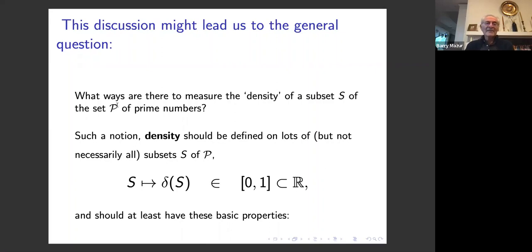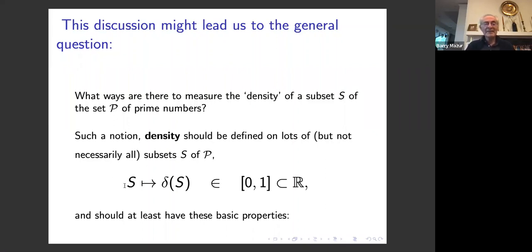Well, at first, of course, such a notion, density, should at least be defined on lots, but not necessarily all, subsets of prime numbers. It's sort of like measure: certain subsets of the plane are measurable, some are not. One hopes that the ones you're interested in are measurable. Well, not all need to even have a definition.